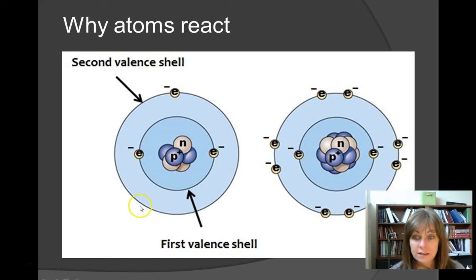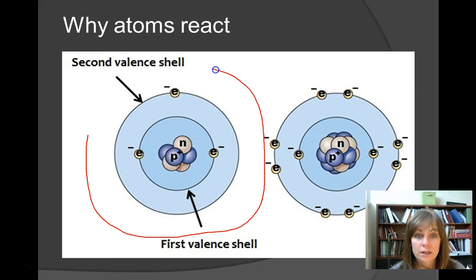So you have a second valence shell that also circles around this nucleus. Okay? And in reality, we could end up with a third valence shell as well that we could draw right out here outside as well, and that would be the third valence shell.